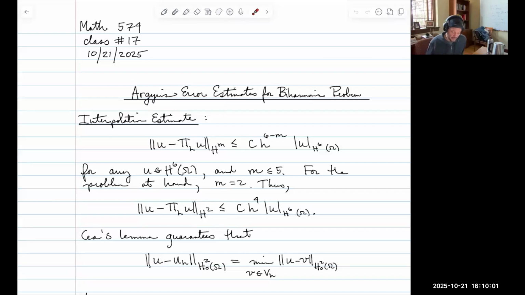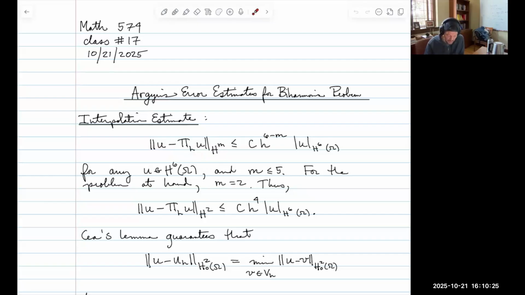In any case, we get an interpolation error estimate of the form that we've seen before. This is not something we can prove or will prove, but something I'm simply going to state, and I can refer you to the literature or the appropriate textbooks for this. Take u minus that special interpolant that we talked about last time.